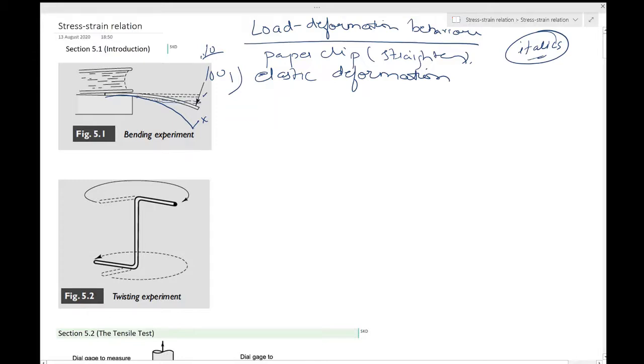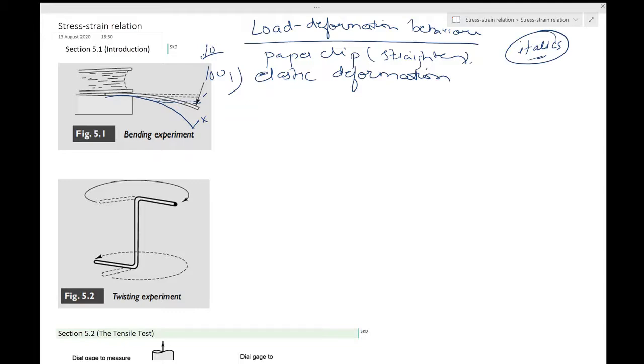And this is what is meant by this. Increase the load and note that finally a value of the load is reached such that when this load is released, the wire does not return all the way to its original shape but remains partly bent. So that is an observation which you should be able to make. This is no longer an elastic deformation, because how did we define elastic deformation?